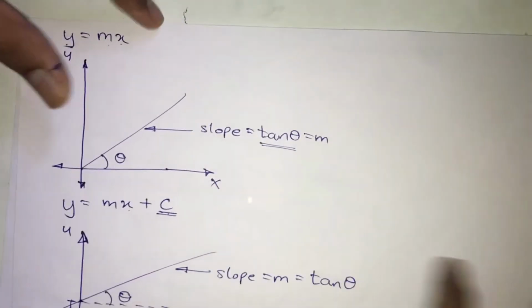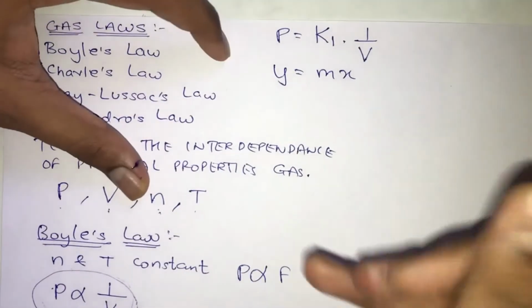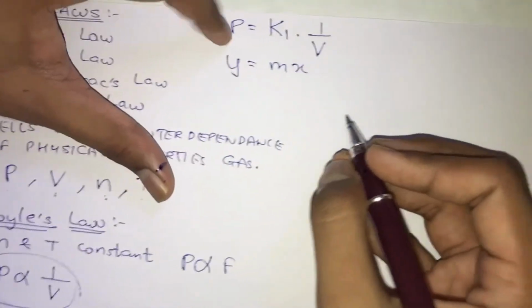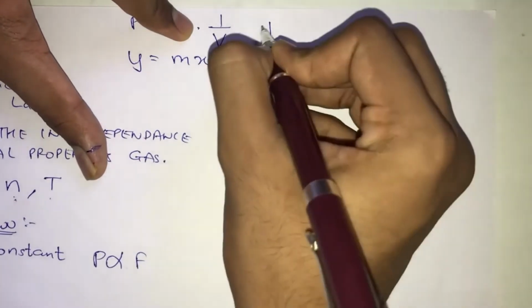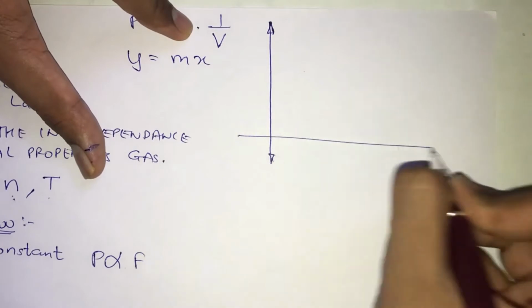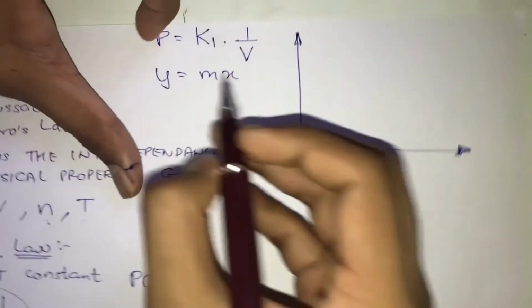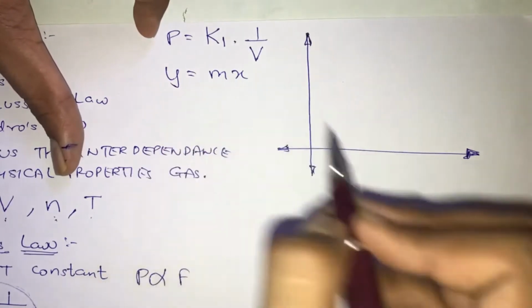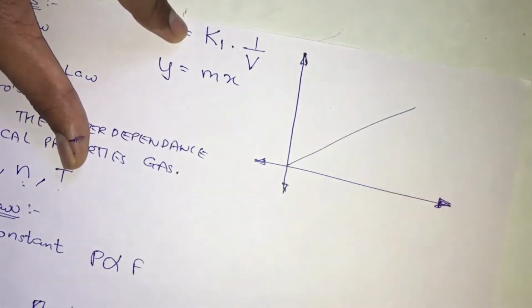So when I compare this equation with y is equal to mx and I plot a graph, I know one thing, that my line is going to pass through the origin. This one thing is clear for me because I am comparing with the equation y is equal to mx. So obviously my line is going to pass through the origin.